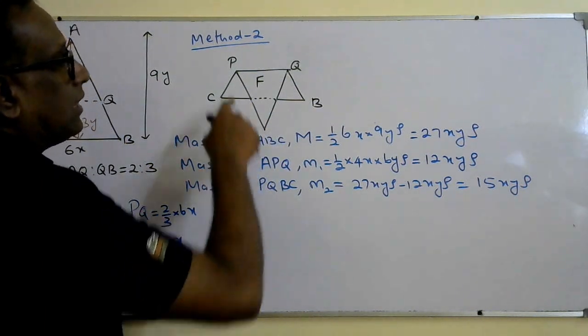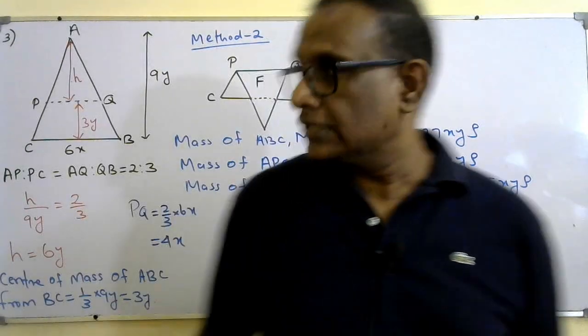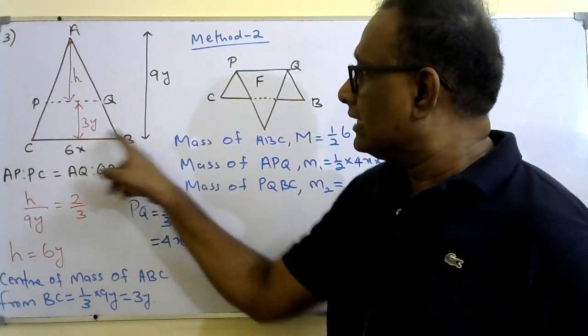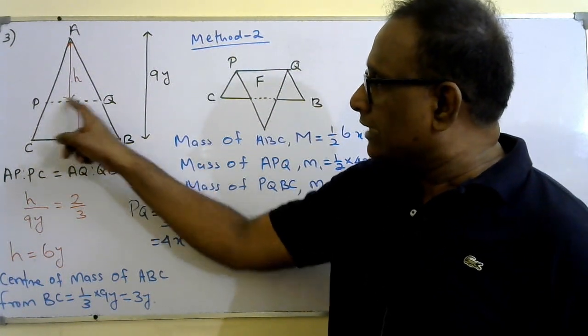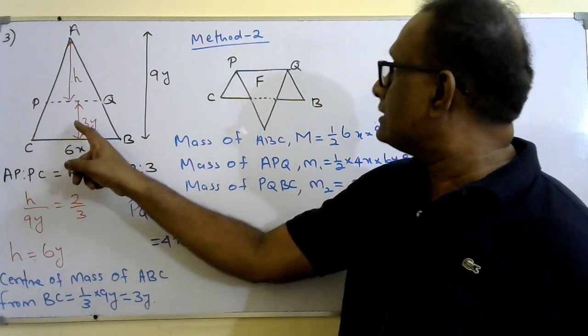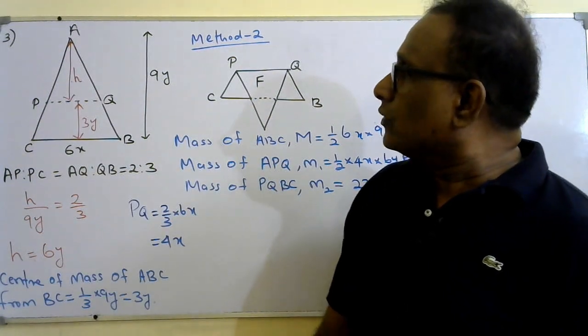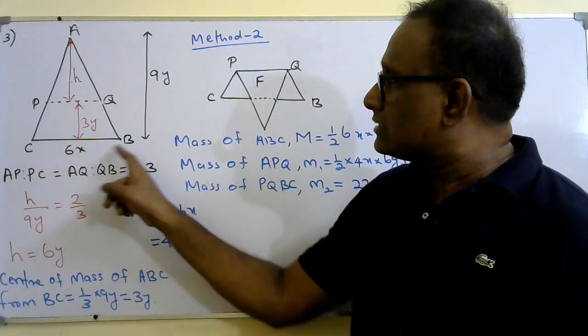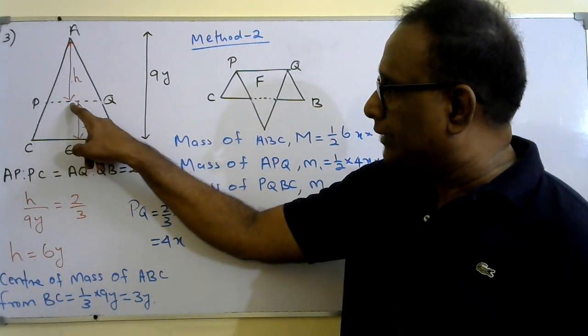Now the center of mass of the trapezium, okay, we know the big triangle ABC is made of the trapezium PQBC and the triangle AQP. So we know the center of mass of this big triangle is 1/3 from BC, which means it's on the line PQ.